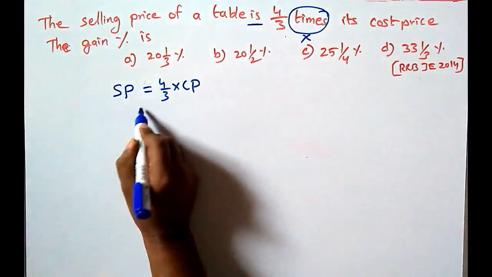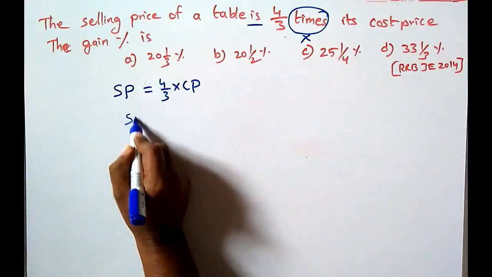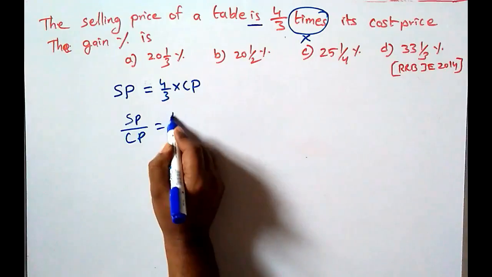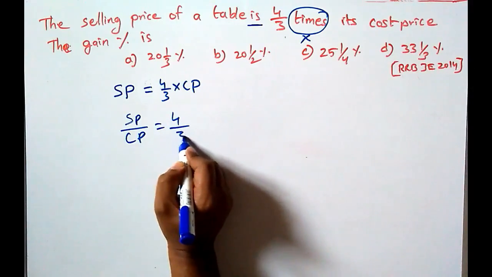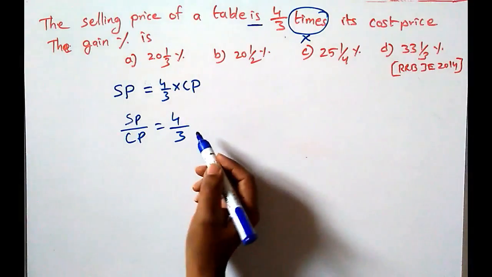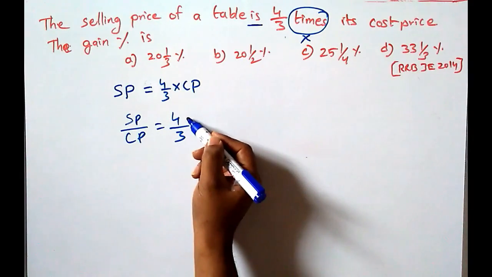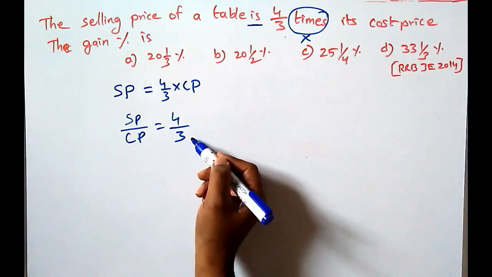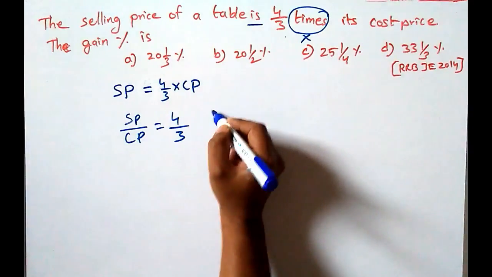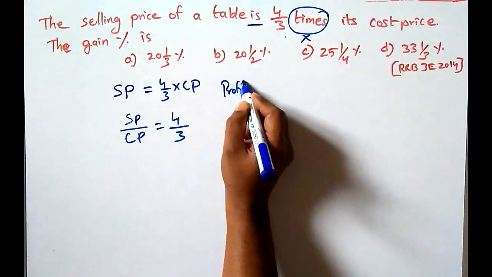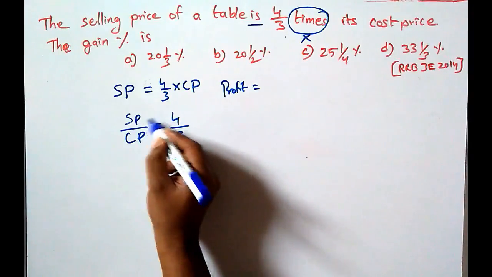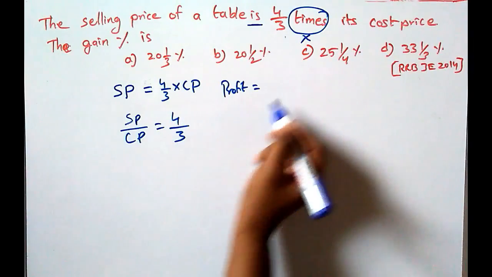Okay, from this we can write SP by CP. Bringing the CP this side, it becomes 4 by 3, friends. What does this say? See, selling price is 4 parts, cost price is 3 parts. Here, selling price is greater than the cost price. Therefore, profit is the difference between selling price part minus cost price part.